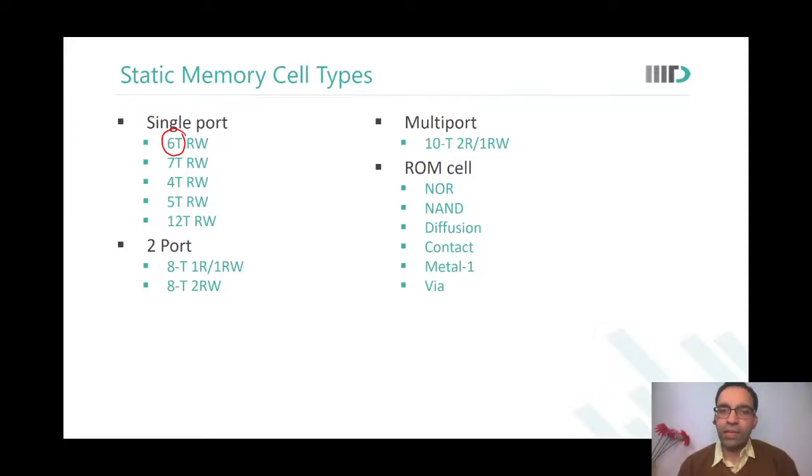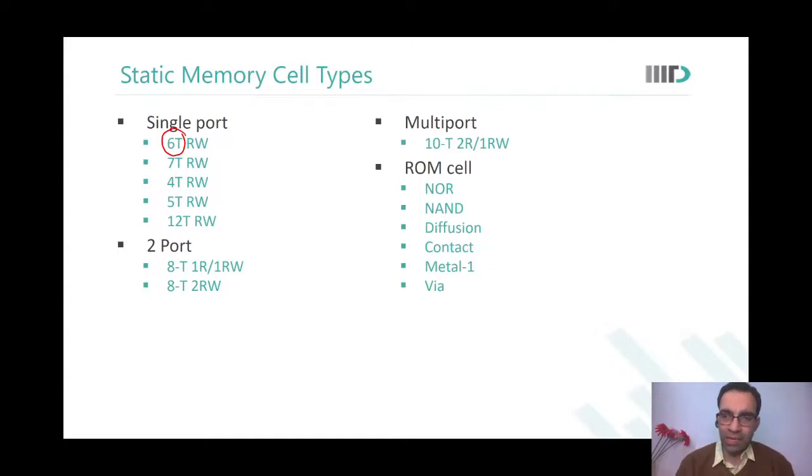Any questions here? Yes, Mohan. Talking about the two port, how exactly internally do they divide the addresses? Do the two ports have access from starting to ending, or do they divide it? We will see.